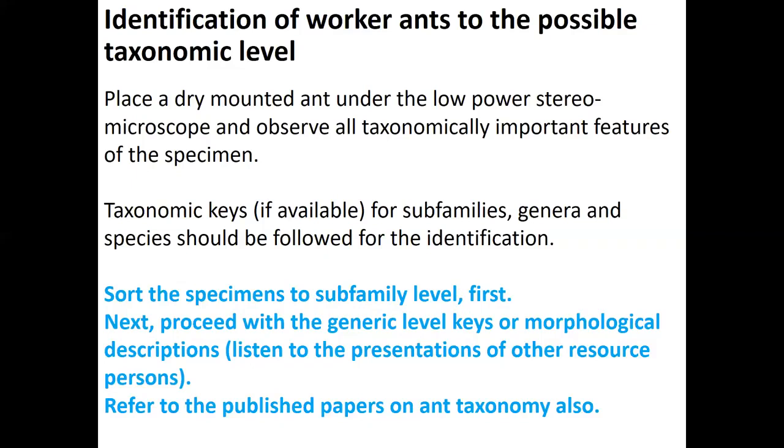After my talk, Dr. Jaitrong from Thailand will explain to you the identification of ants to the genus level, right? In my talk here, I will only explain how to sort the Sri Lankan ants to the subfamily level.